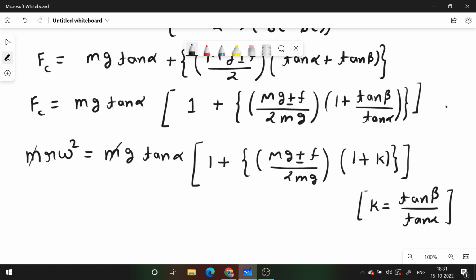Here m is cancelled from m. Omega is equal to 2 pi N by 60.